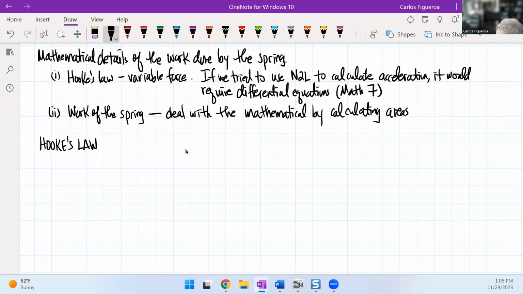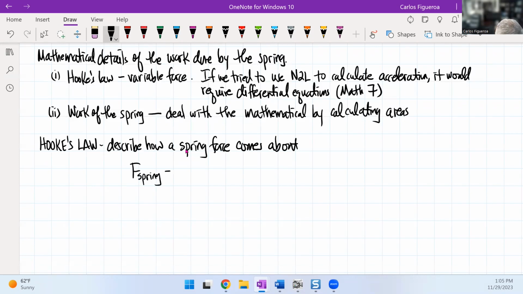Hooke's law describes how a spring force comes about. What it says is that the force of a spring, which we call Fs, is equal to, and this is important, there's a minus sign right there, and it has two terms.